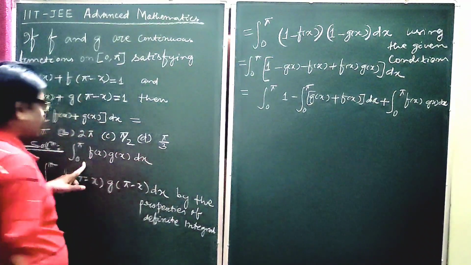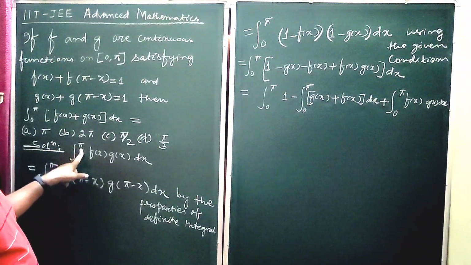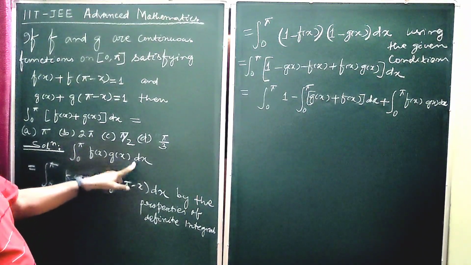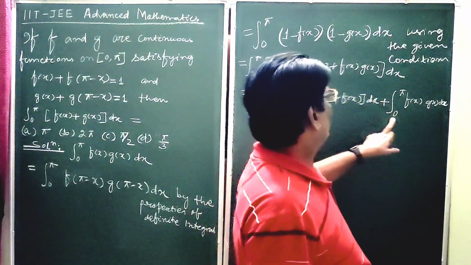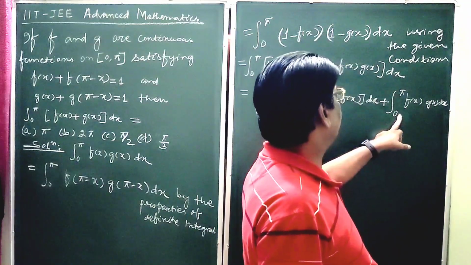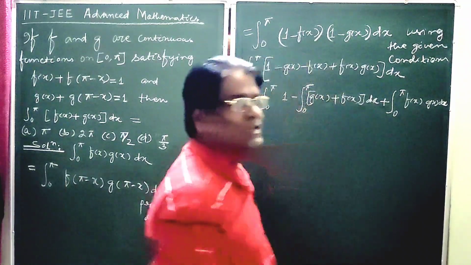So on the left hand side we get the integration from 0 to pi of f x g x dx, and on the right we have the same integration from 0 to pi of f x g x dx.